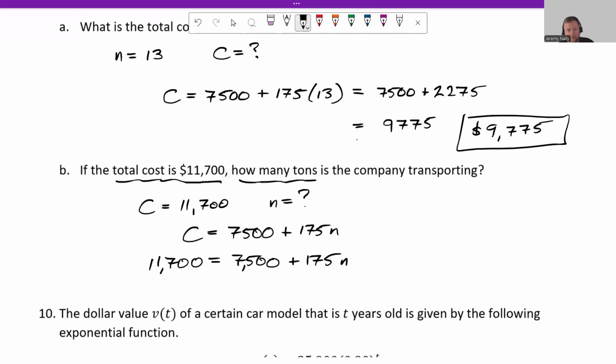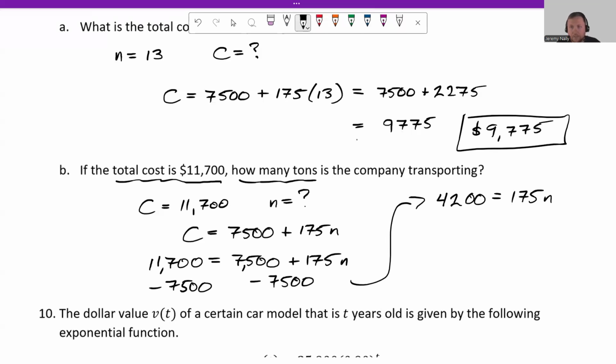So now this one's a little bit harder because we have to do 2 steps of algebra. So I'm going to subtract the 7,500 from each side of the equation. So I have 4,200 on the left-hand side and 175 on the right-hand side.